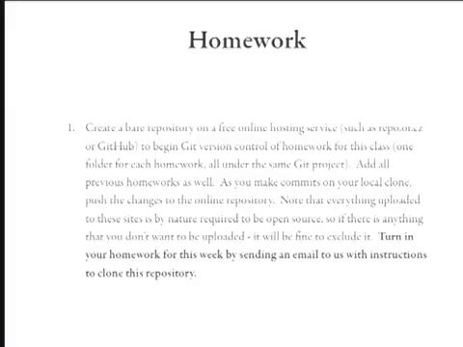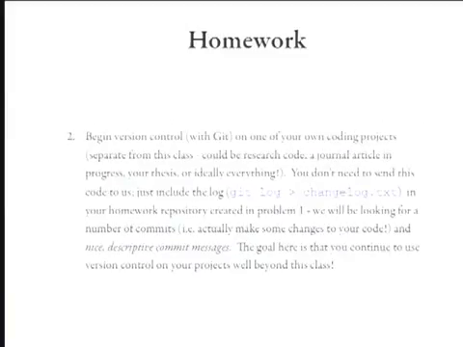You don't need to send this code to us, just send us a copy of the Git log so we know that you're actually doing it. And all we'll be looking for here is that you're making a number of commits and actually are using this for development. Just for the goal of continuing on using Git in your everyday life or some other version control system.